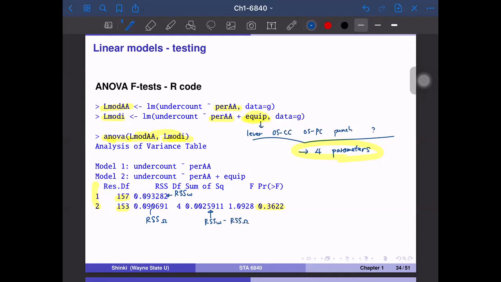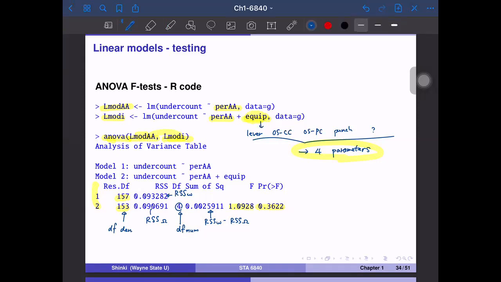Okay, and the numerator degrees of freedom is 4, and actually this is df for numerator, maybe df num. And 153 is degrees of freedom for denominator. So this F statistic is 1.09.